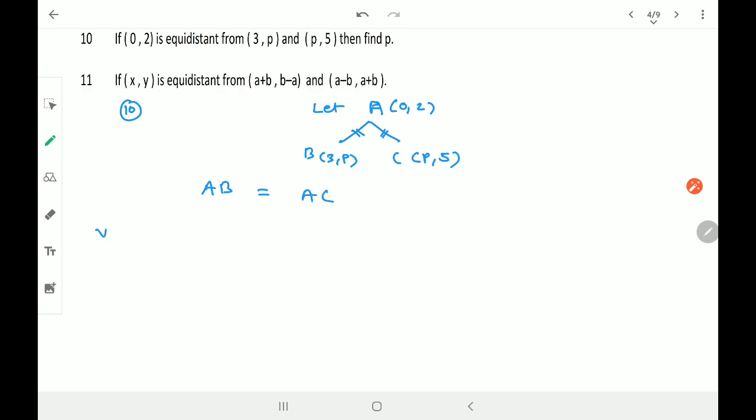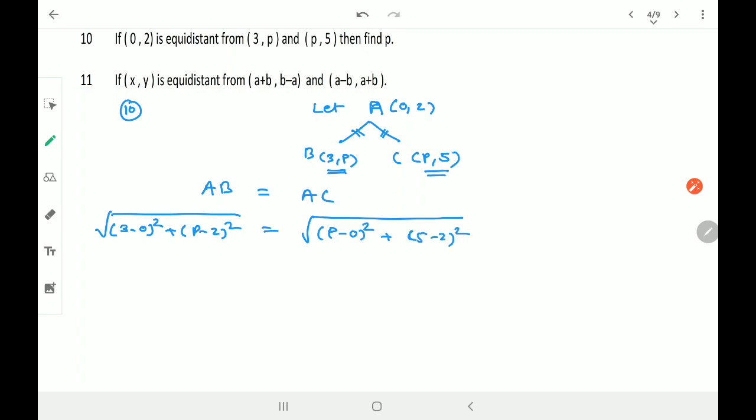You remember the hint I gave you, one trick I told you, that always take the variable coordinate first. So here the variable is here, so I will be taking that first. So (3 minus 0) the whole square plus (p minus 2) the whole square. Similarly the other side, (p minus 0) the whole square plus (5 minus 2) the whole square. This will always help you, I am telling you. Taking the variable first will always help you.